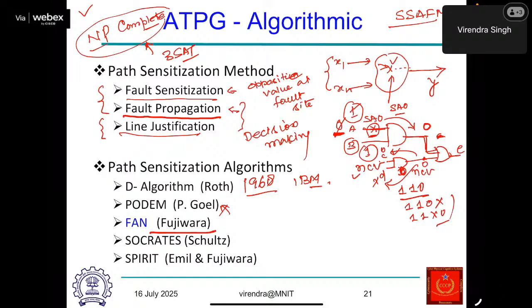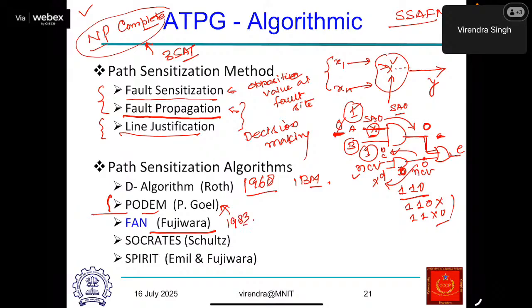Further, PODEM also had certain shortcomings about the propagation of the input, and those shortcomings were removed by Shimono and Professor Fujiwara in their 1983 paper.